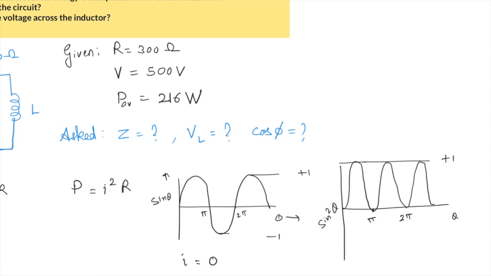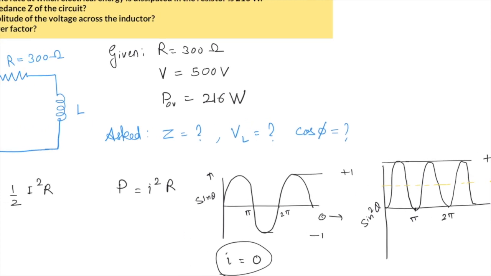That's why when we take the average of sine of theta, it comes out to be 0. But when we take the average of sine square, that average will lie in between, and hence it will give us the value of 1 by 2.